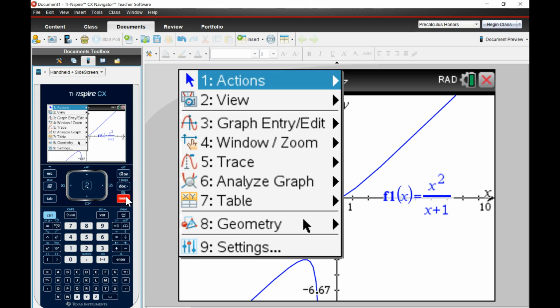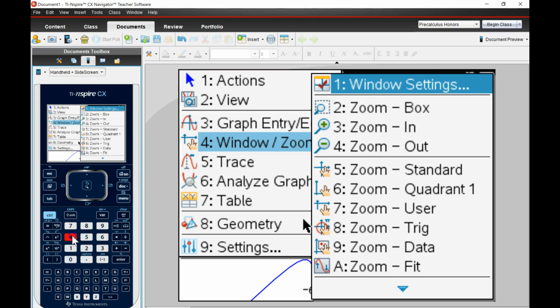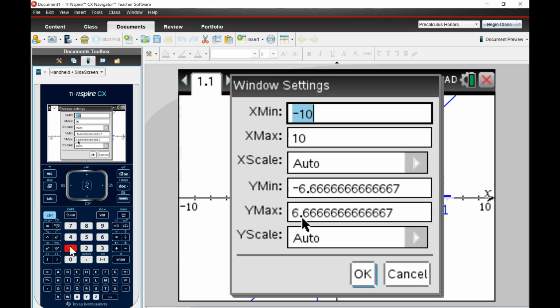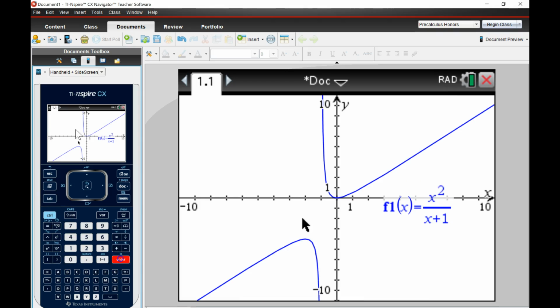So you know what? I'm just gonna adjust my windows. I'm gonna do 4 window settings, and then for Y min and Y max, I'm gonna go from like -10 to 10. Enter, just so I see a little bit more.